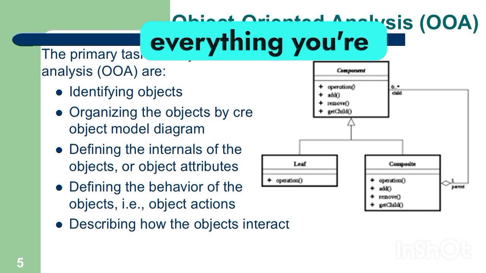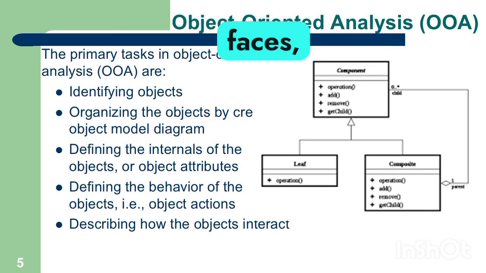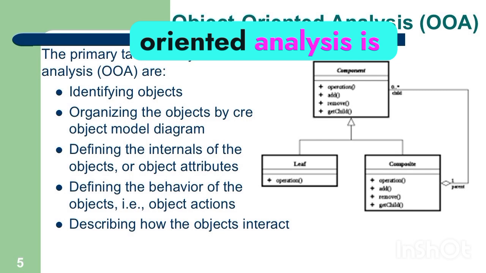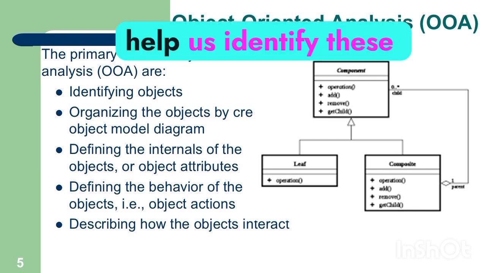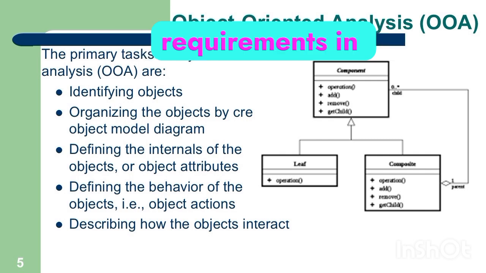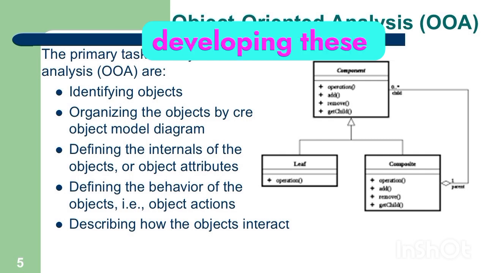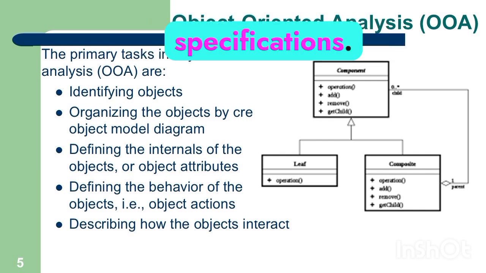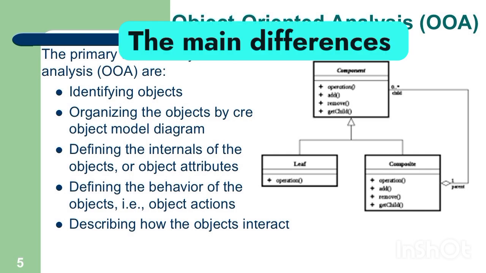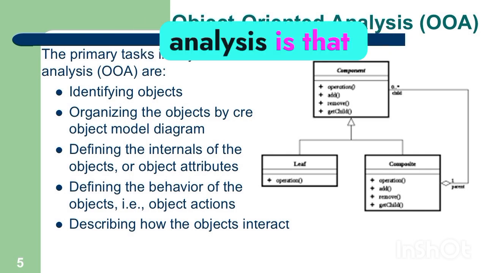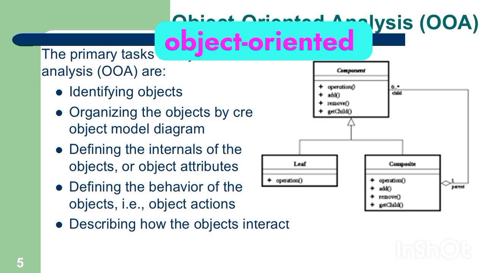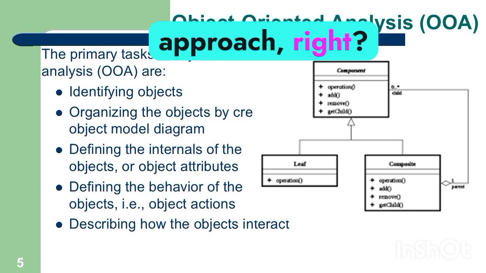We know in everything you're doing, you must have phases, you must have cycles. So our object-oriented analysis is here with the procedure to help us identify these software engineering requirements in developing these software specifications.